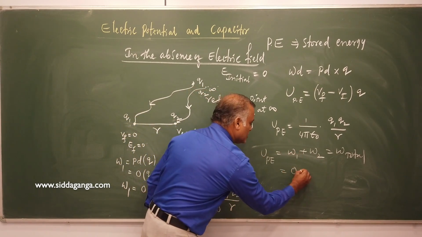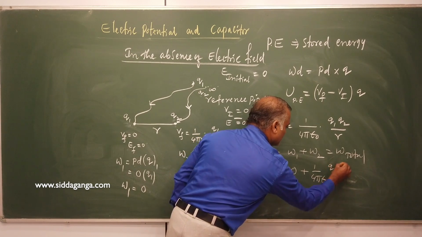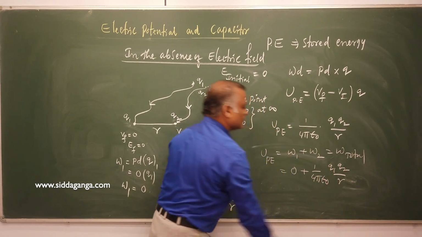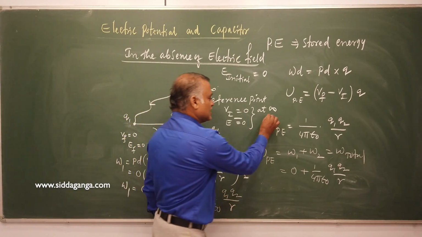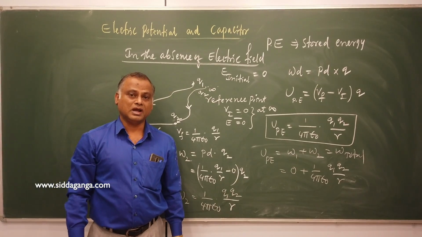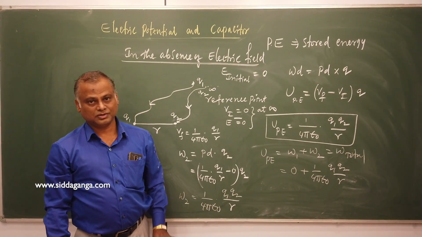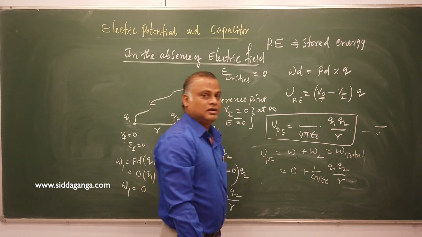W1 is how much? 0 plus 1 by 4 pi epsilon naught. So simplify. Now you get total potential energy is 1 by 4 pi epsilon naught Q1 Q2 by R. Understood? This potential energy is expressed in the unit joule.